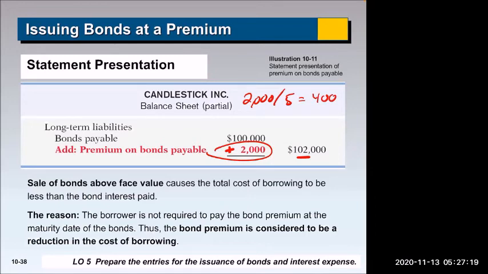It's not going to be recorded as a gain, but it's rather going to reduce my interest expense. Remember, the bond premium is considered a reduction in the cost of borrowing. It's an adjunct account which has a normal credit balance because liabilities increase with credits. Well, if I have something that's increasing a liability, that must have a credit balance.